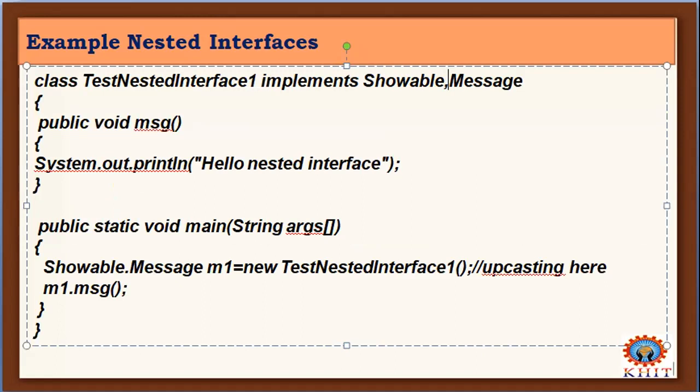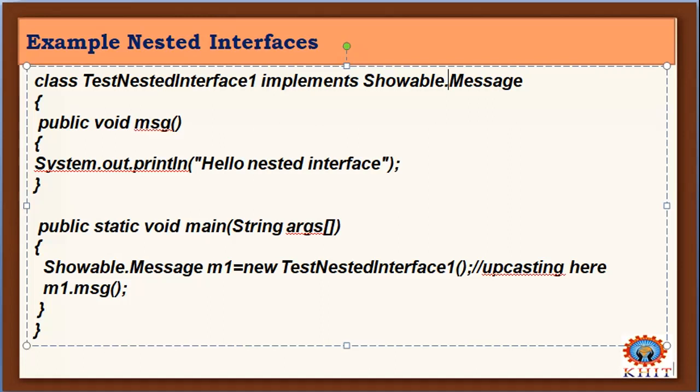If Showable and Message were both independent interfaces, then we could write a comma here. But they are dependent; the relationship between these two is nested interfaces. One is inside the other. Since the Message interface is inside the Showable interface, we need to write Showable.Message.